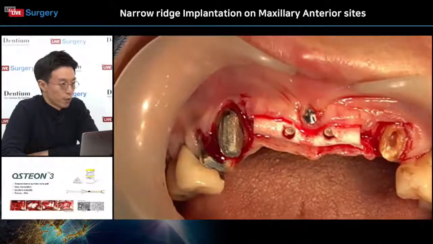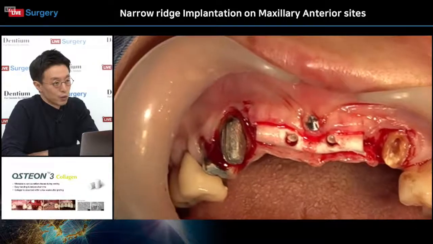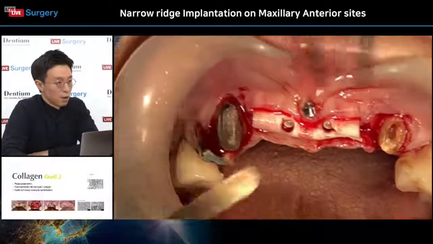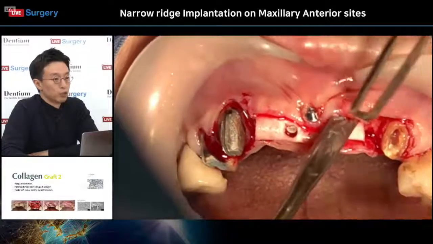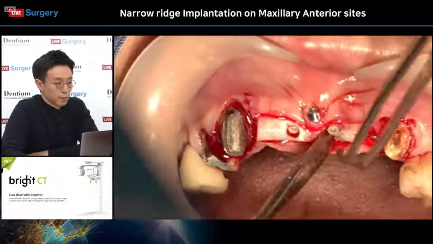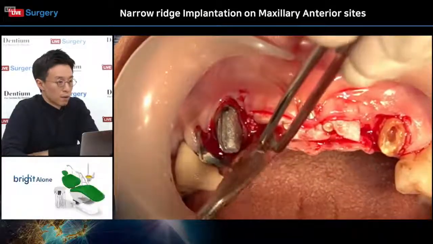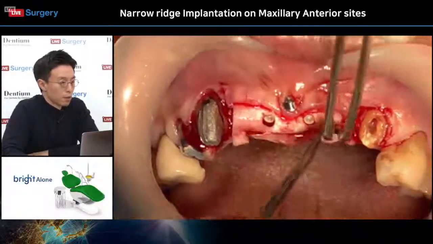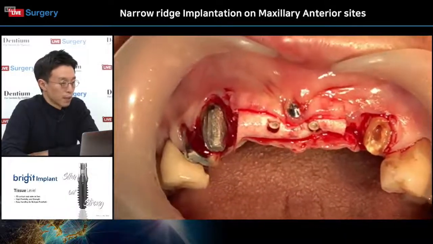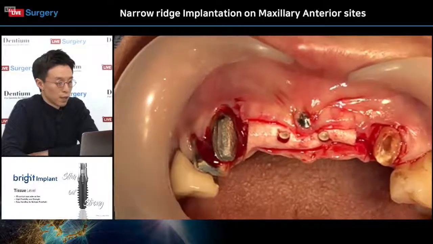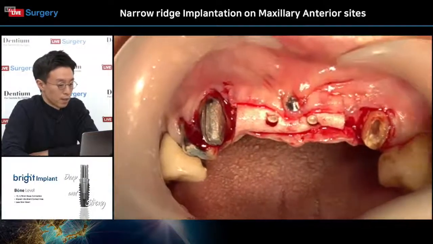The 4.5 membrane pin is very useful to fix the flap instead of sutures. We can remove the membrane pin after 2 weeks with a multi-cut. Very simple technique.